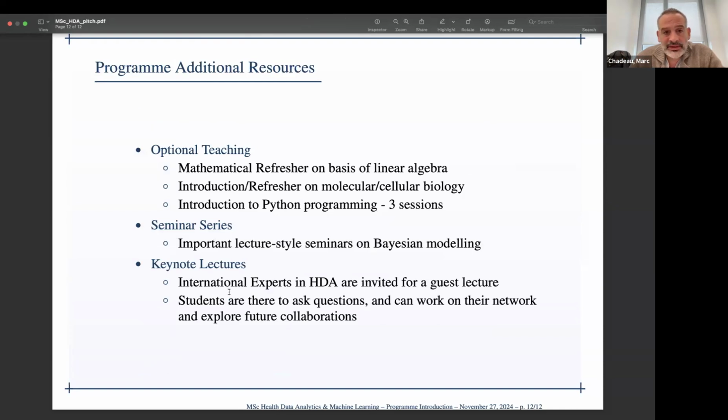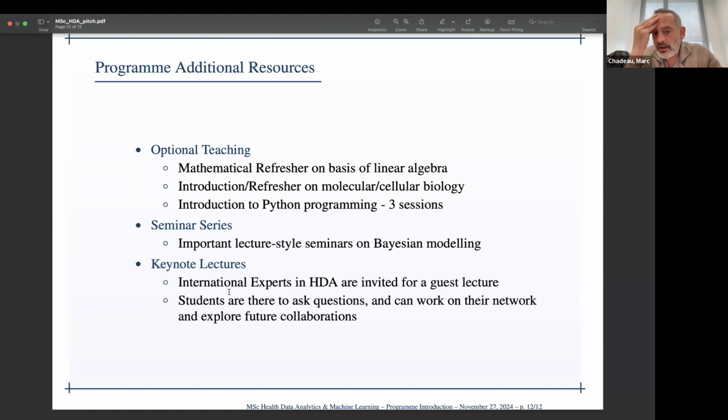Just as a final note, this is the overall structure of the program, but there are also some additional resources. We offer, especially in term 1, some optional but recommended teaching so that you're up to speed on a few important aspects like linear algebra or a bit of a math refresher.